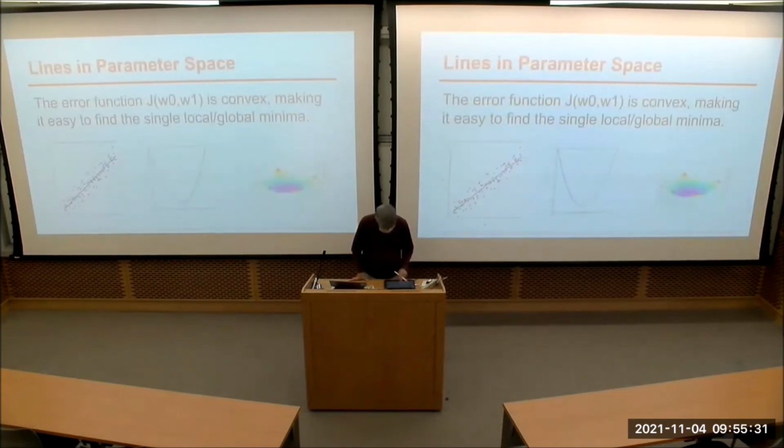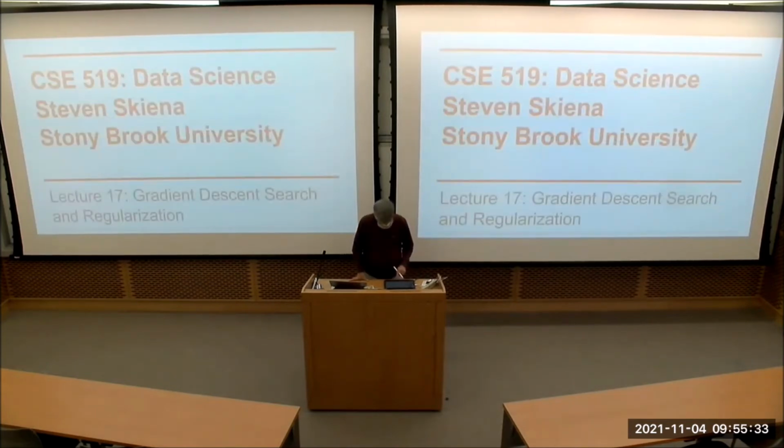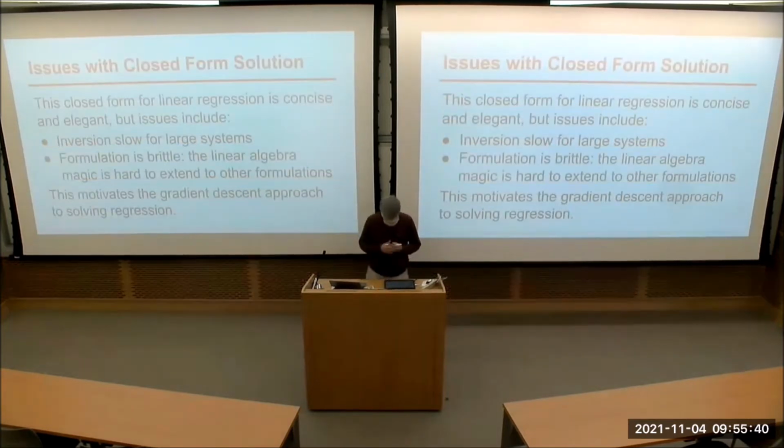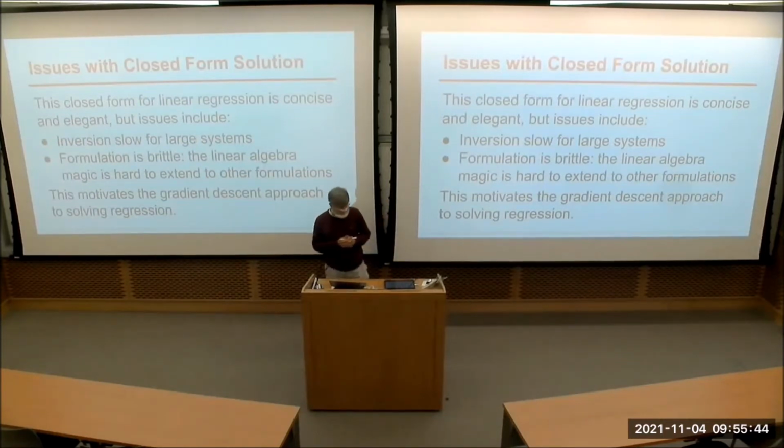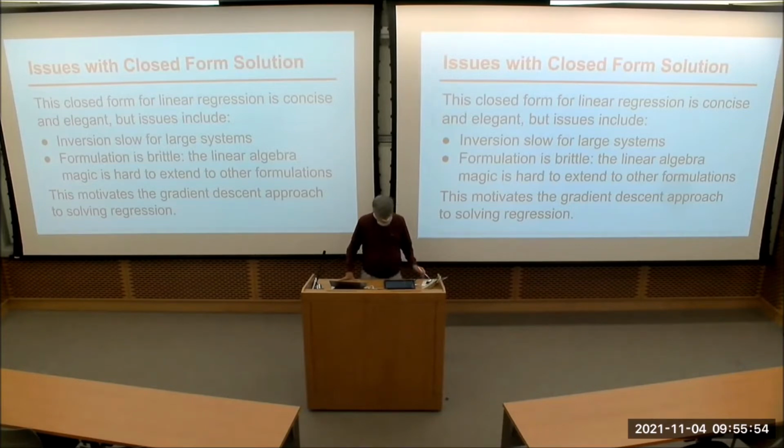So what I'd like to now talk about is questions of how you actually solve linear regression problems in practice. We saw that there is a classic formula for computing how to compute the optimal set of coefficients under the least squares criteria.